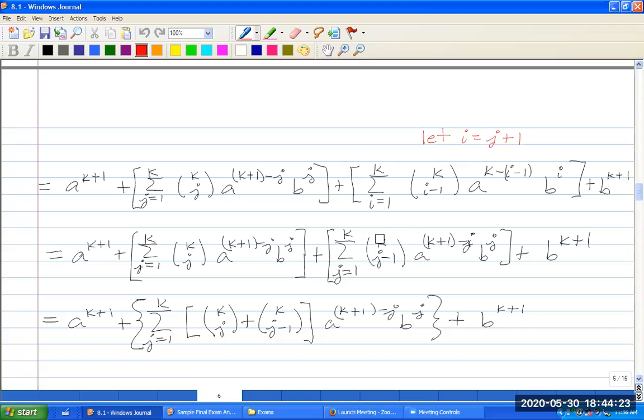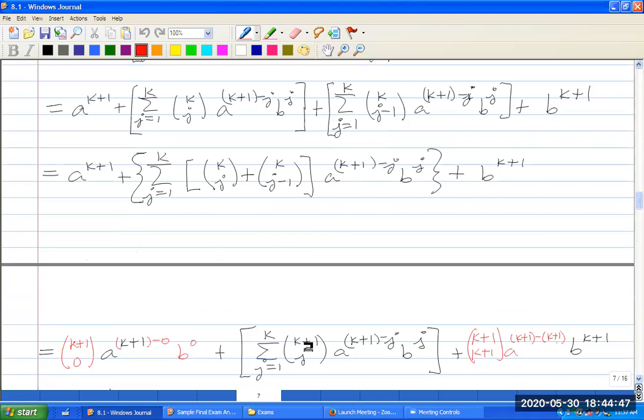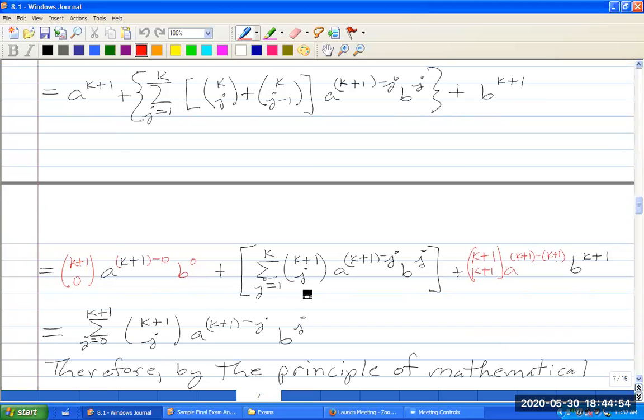So I will now rewrite this as, well, this is kCj, and this is a plus kC(j minus 1). But I know that that's equal to, by the property that we've shown in, what if it was section 8.5 or something, this is just k plus 1 Cj.